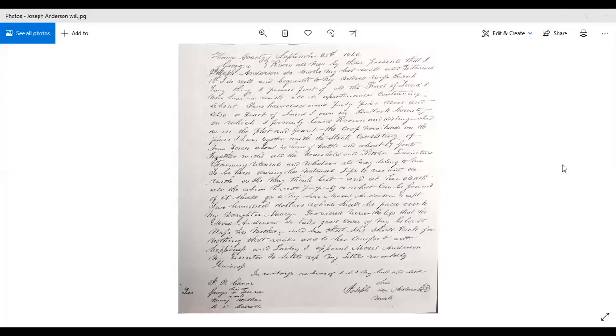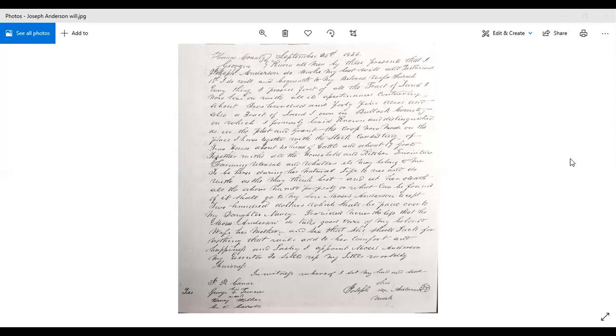So this is the last will and testament of Joseph Anderson, which you've probably heard me mention before. This was written on September 25th, 1846. And this is the one that I mentioned. He only left things to his wife, 1 son and 1 daughter.